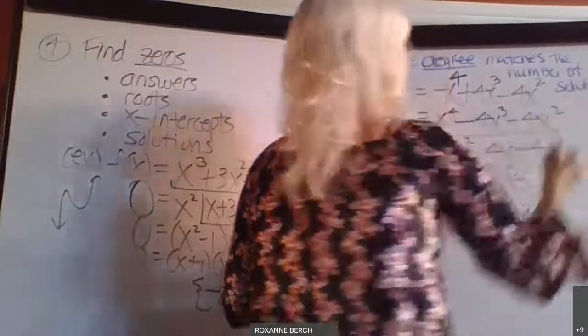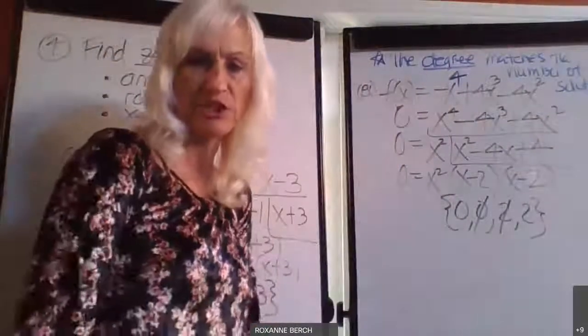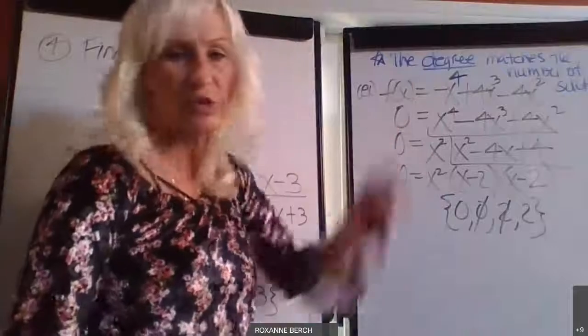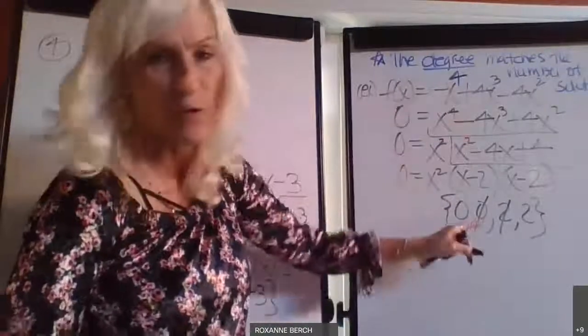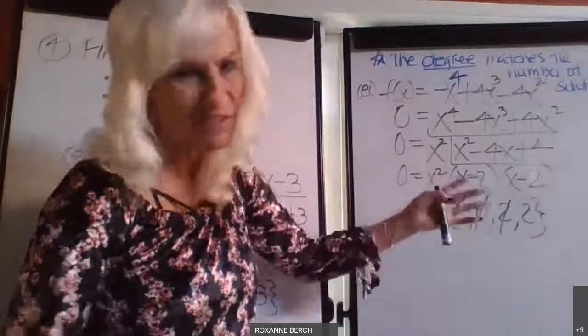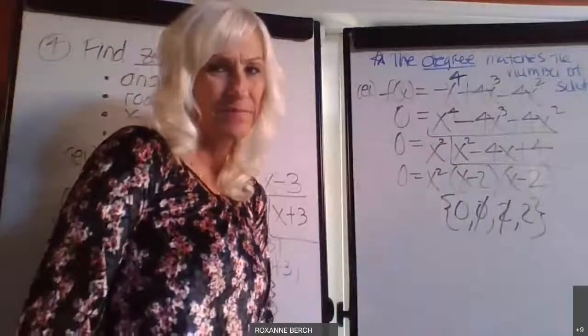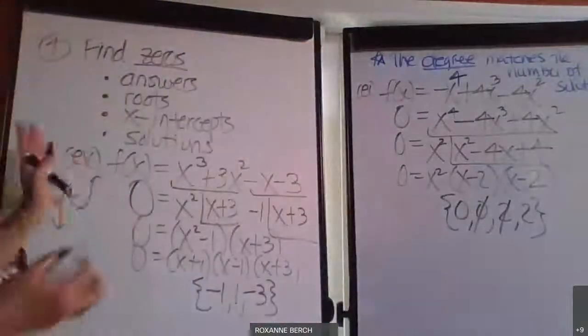Can you believe it? So if you have a 6th degree, there's going to be 6 solutions. If you have a 10th degree, there's going to be 10 solutions. In this one, you have a 4th degree, there's 4 solutions. Now they repeated, but there's still 4 solutions. And it gets way better than this. Watch this. I'm going to erase this.